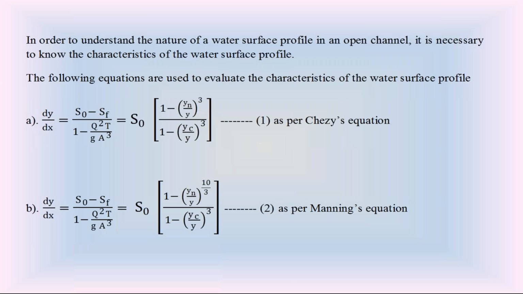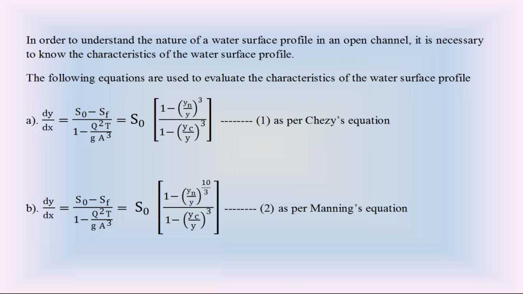So please everyone remember, in unit 2 I already explained the dynamic equation of gradually varied flow in a wide rectangular channel. By using Chezy's formula, and also by using Manning's formula, we derived the dynamic equation of gradually varied flow in the wide rectangular channel.